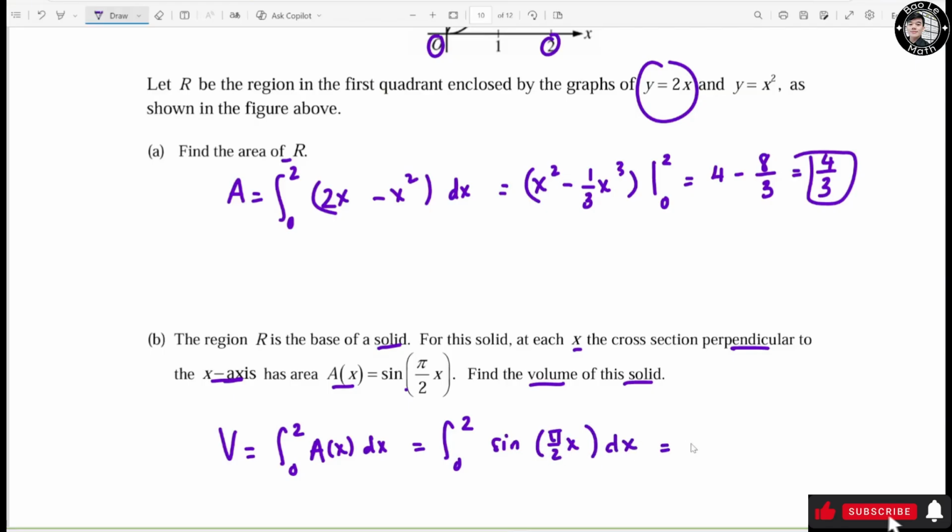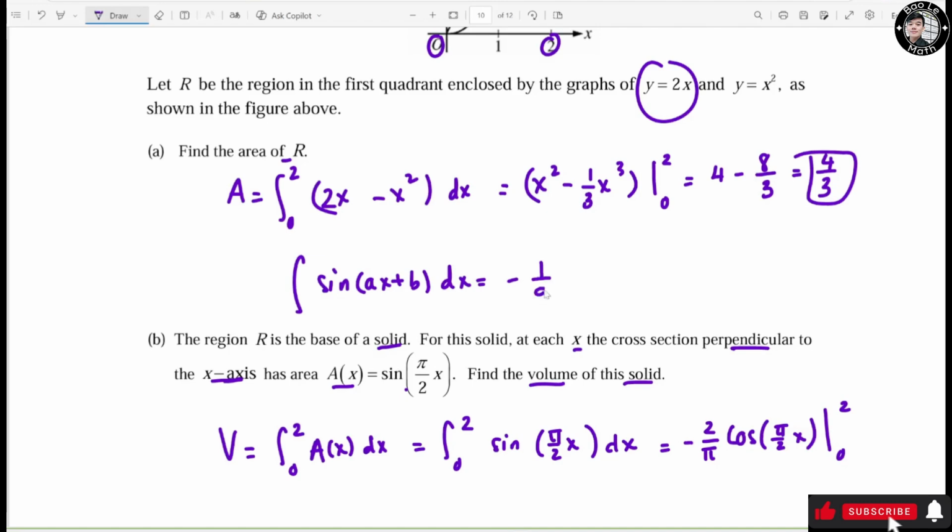So it's the integral from 0 to 2 of sine of pi over 2 x dx. So it's going to be negative 2 over pi times cosine of pi over 2 x evaluated from 0 to 2. Remember, the antiderivative of sine of ax plus b dx is negative 1 over a cosine of ax plus b plus c.